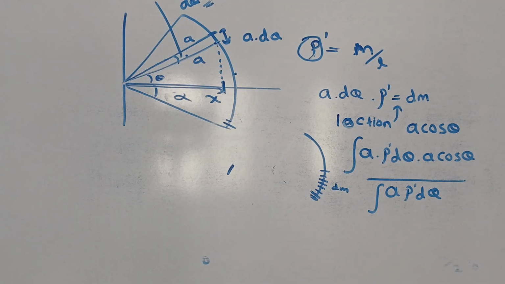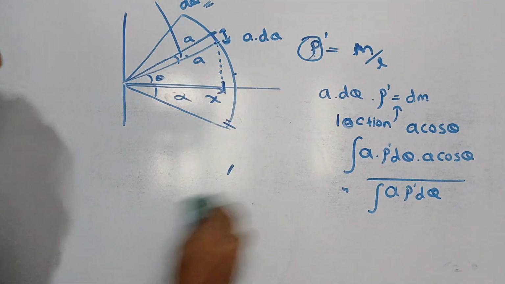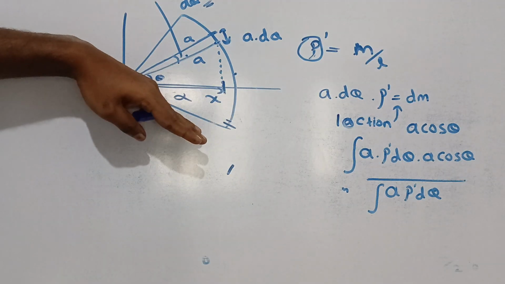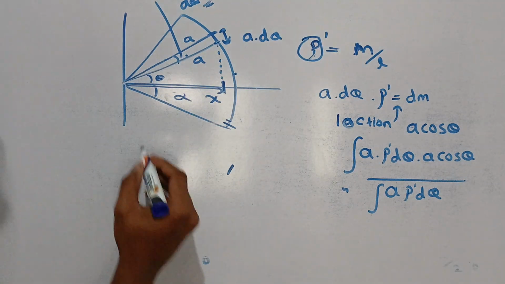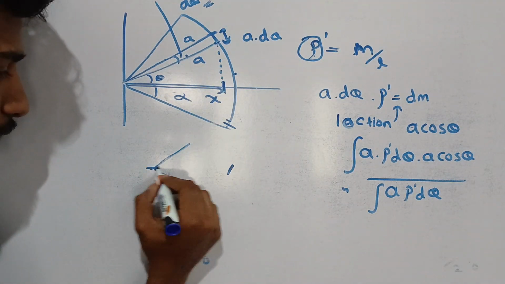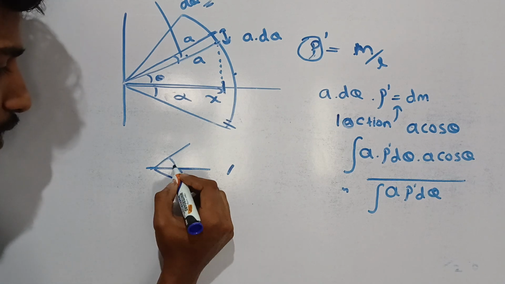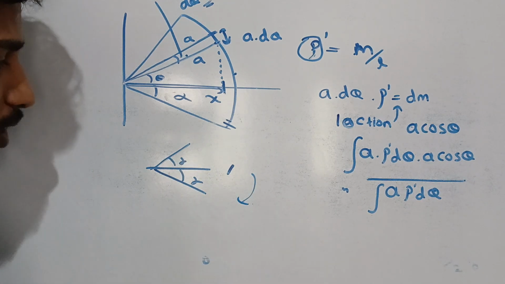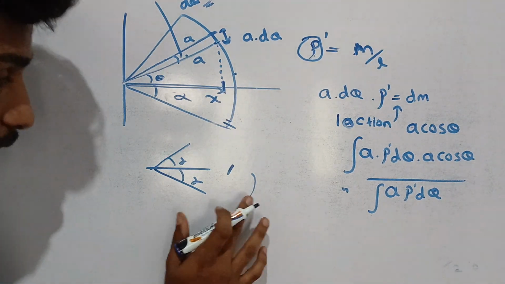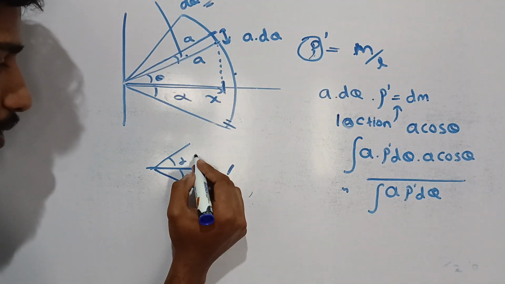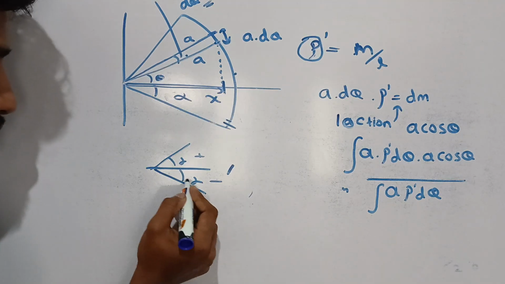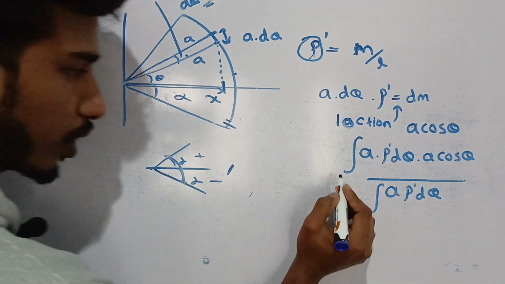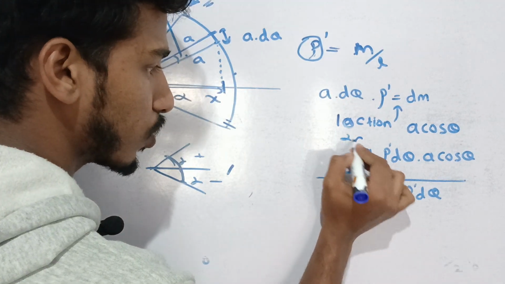Now the limit has to be considered. The angle moves from minus alpha to alpha. It's symmetric about the x-axis. Anything below the x-axis is negative when measured in the clockwise sense, and above is positive. So the angle moves from minus alpha to alpha.